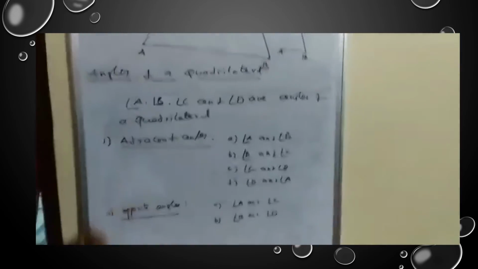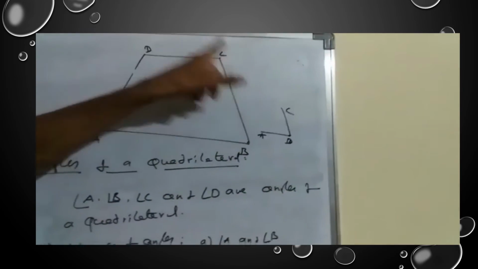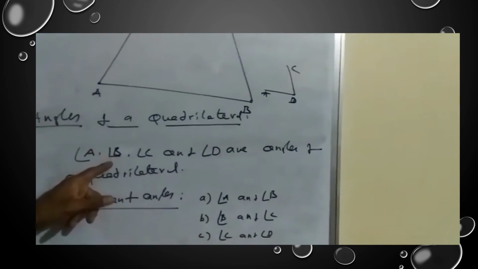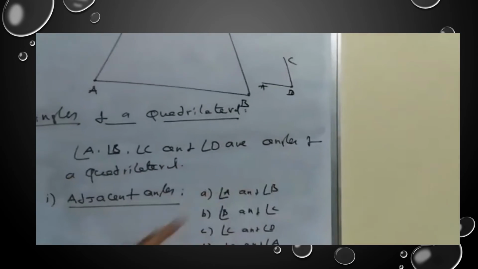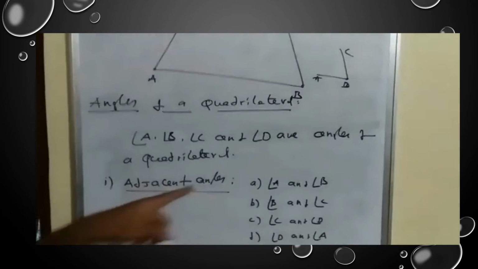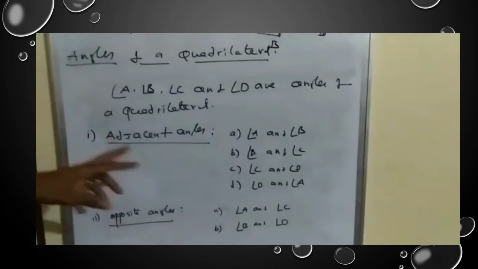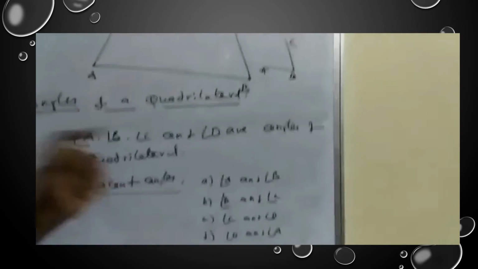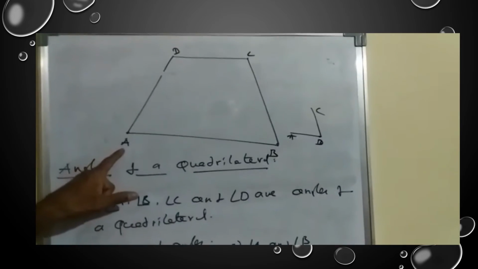What about the angles of a quadrilateral? Angle A, angle B, angle C and angle D are the angles of a quadrilateral. Here also there are adjacent angles and opposite angles. What about adjacent angles?